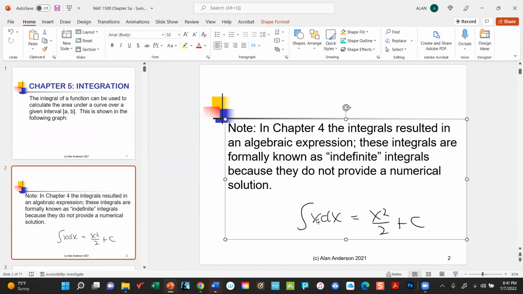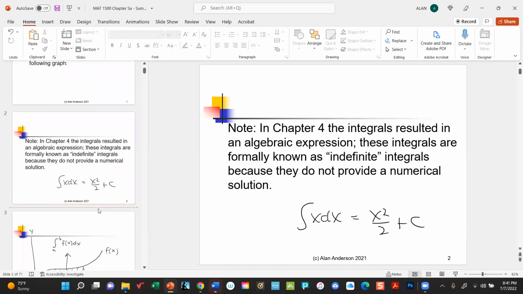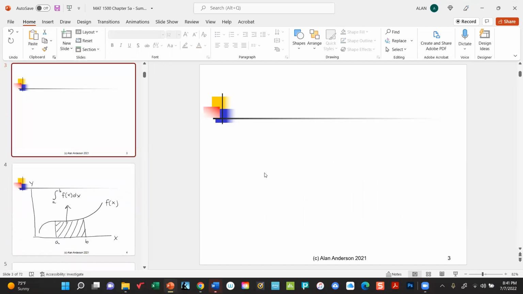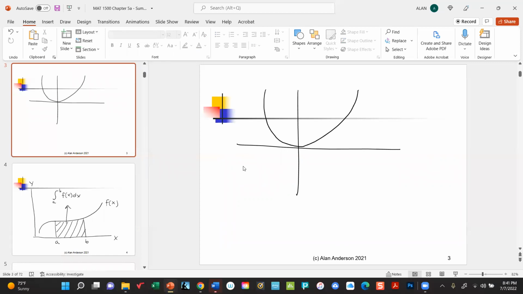So in other words, this integral implies that I'm taking the entire function over its entire domain and coming up with this result. But what if I'm not interested in that? What if, for example, let's try this one. So I can integrate over the entire curve, and I'll end up with x cubed over 3 plus c.